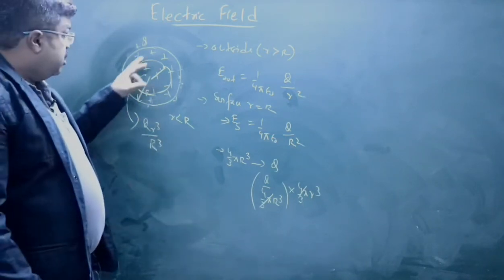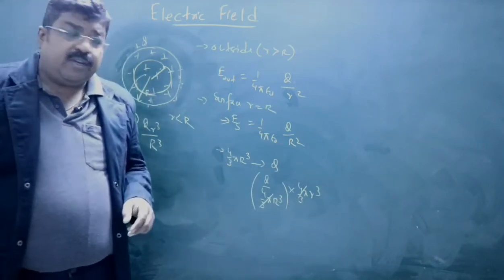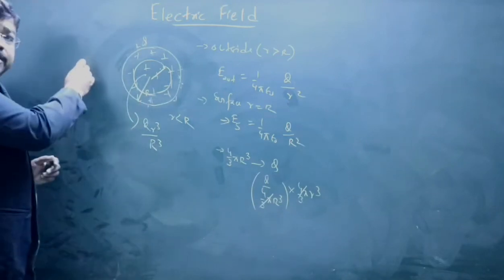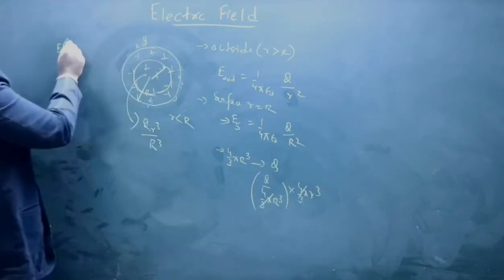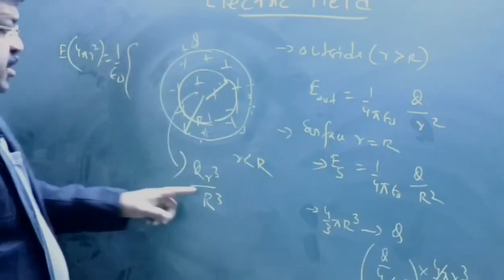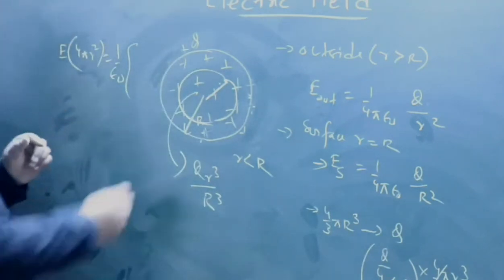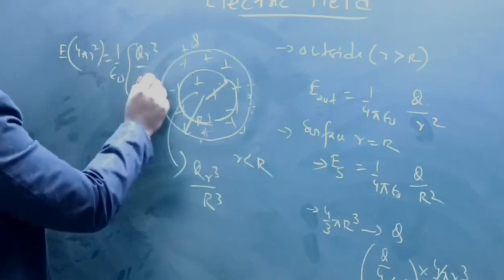Now since we know the charge, the electric field intensity will be E times this area 4 pi r square is equal to 1 by epsilon naught times this charge, which is Q r cube by R cube.